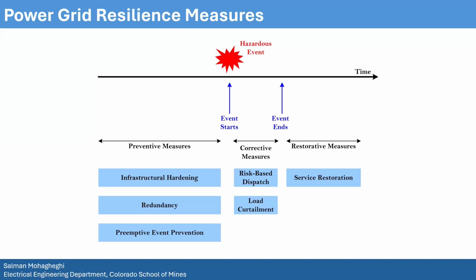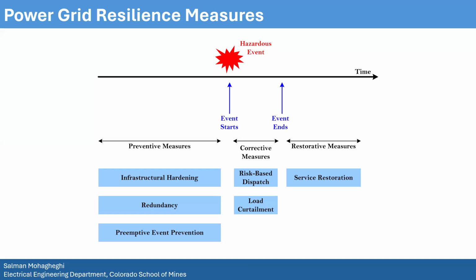Preventive measures, think of it as infrastructural hardening, introducing redundancy into grid design and operation, or preemptive event prevention. For example, public safety power shutoffs would be an example of that. Corrective measures, on the other hand, are essentially risk-based energy dispatch strategies that utilities adopt under the various scenarios that they might lose certain assets or certain generation resources.